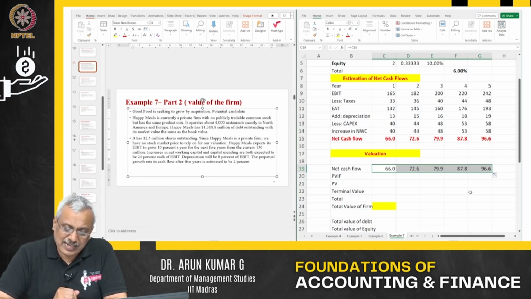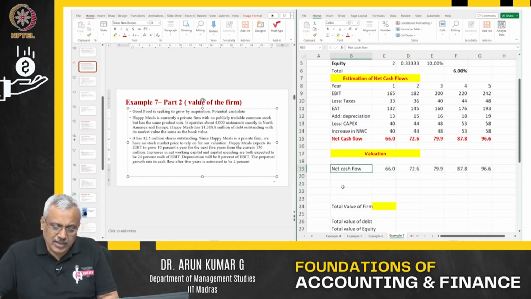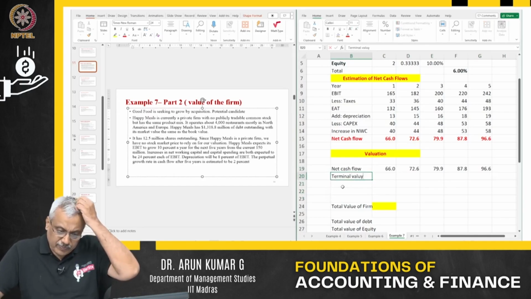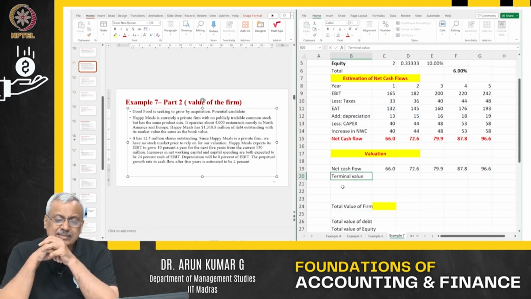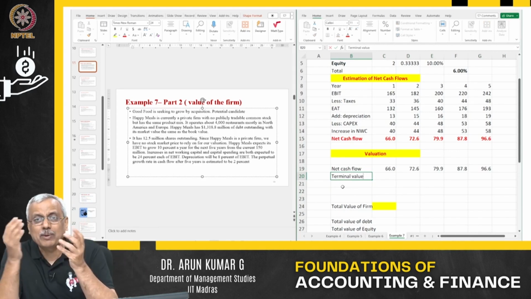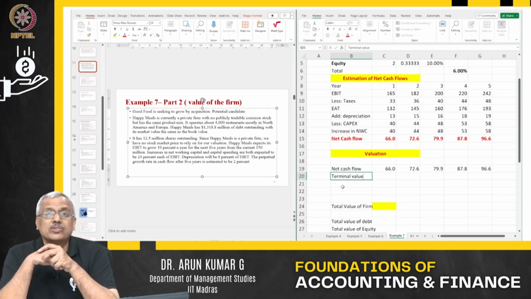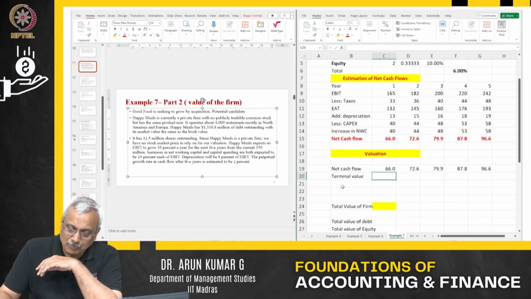I am just going to change it slightly, I am just going to say my terminal value, because the cash flows are going to occur in perpetuity. So, perpetuity value of the cash flows, perpetuity with growth of 2%.